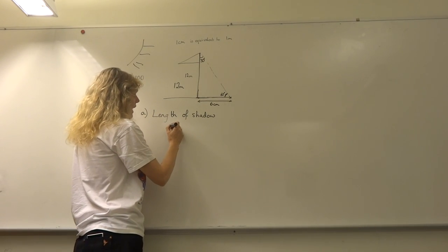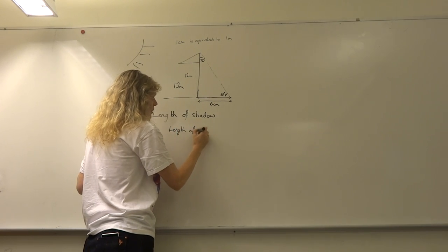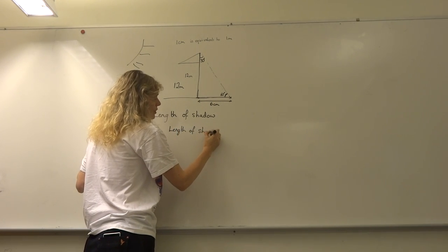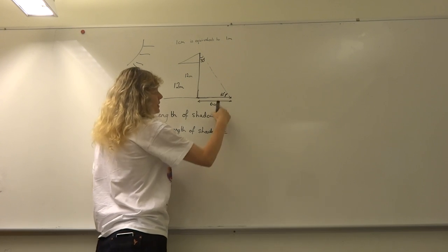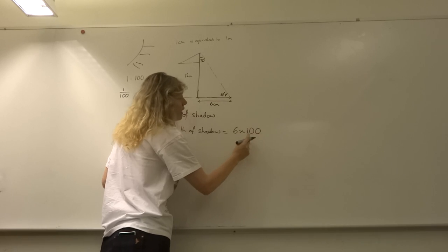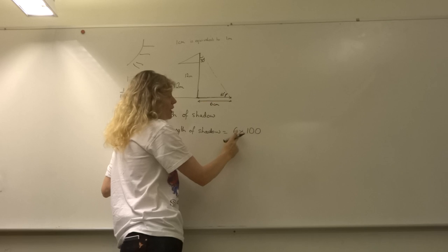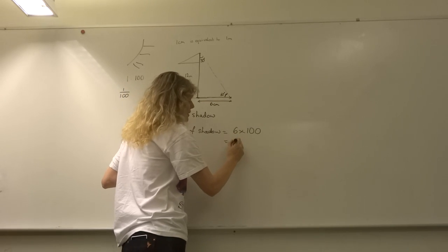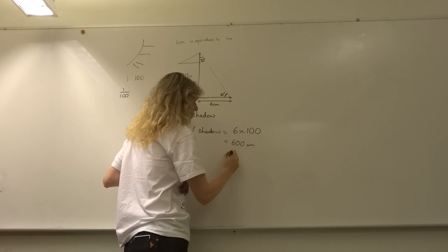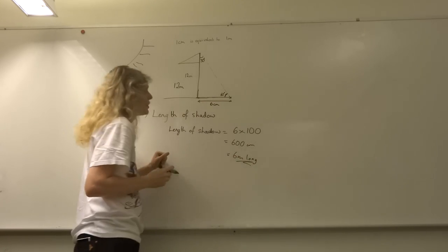That tells me that the length of my shadow in reality is the 6 centimetres that I had in my book times the scale factor. And I know that in reality it's 100 times larger than it is in my book, which is 600 centimetres, which is 6 meters long. So that's the first part of the question.